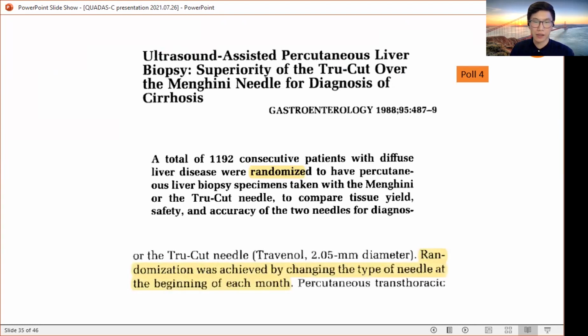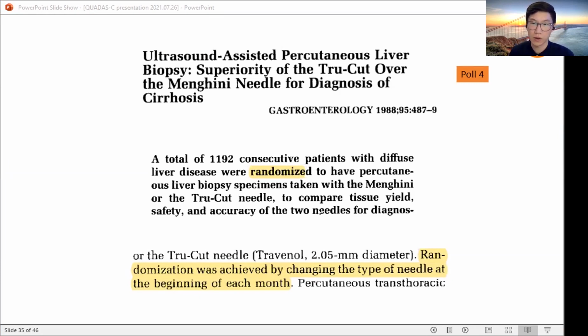And they say that randomization was achieved by changing the type of needle at the beginning of each month. Now, there is a fourth poll question for you. Do you think the allocation sequence was random, or the allocation was concealed, or both, or neither?